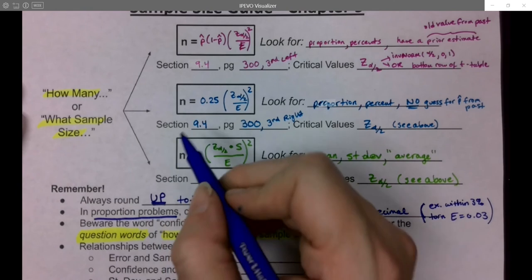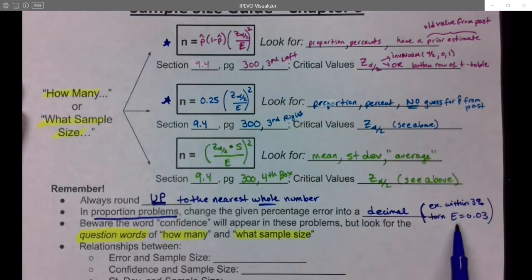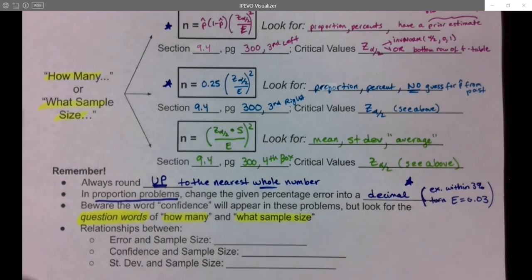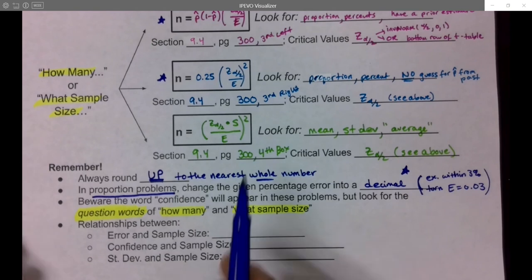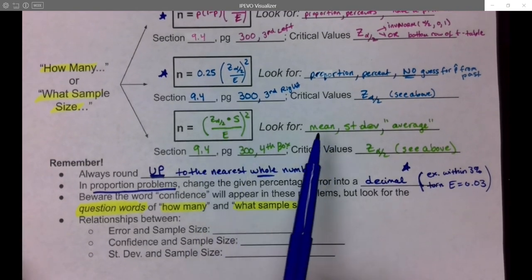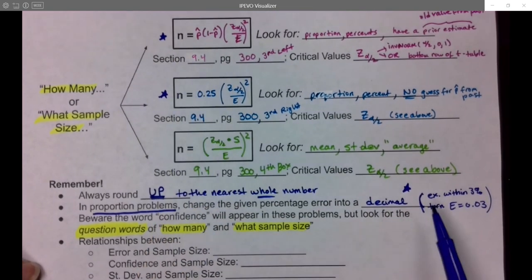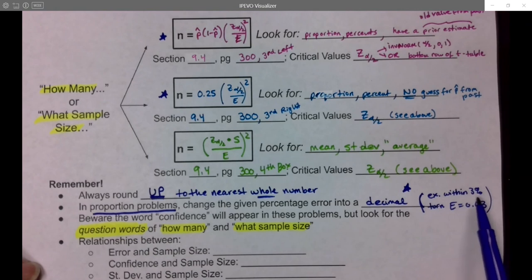Right? So for this one and this one, you have to worry about that decimal, this bit right here. One other thing real quick, with the one down here, you don't have to worry about it because the mean doesn't have those same properties. You're doing it for these two because we frankly write the error as a percentage, and so you just have to change that to a decimal to make the formula work.